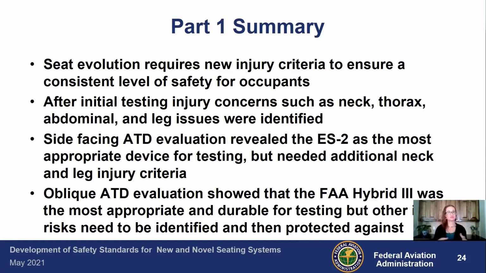After evaluation and some of the testing, we found that the ES2 is the most appropriate device for testing, but he needed a little bit more injury criteria than what's used for standard automotive testing. And then for oblique, during our evaluation, we showed that the FAA-Hybrid 3 was the most appropriate and most durable for testing, but there were other injury risks that needed to be identified and then protected against.